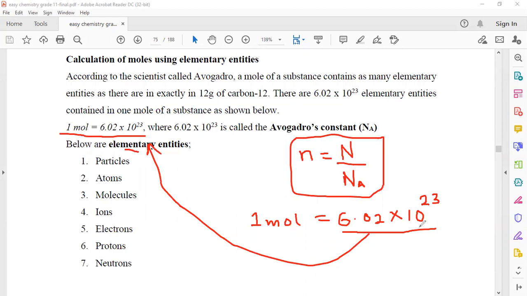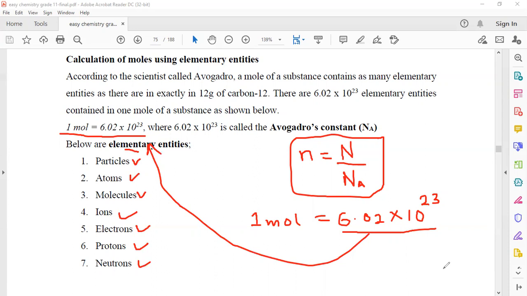So the 6.02 times 10 to the power 23 is a constant which can be a representative of atoms, particles, molecules, ions, electrons, protons, neutrons. What does this mean?